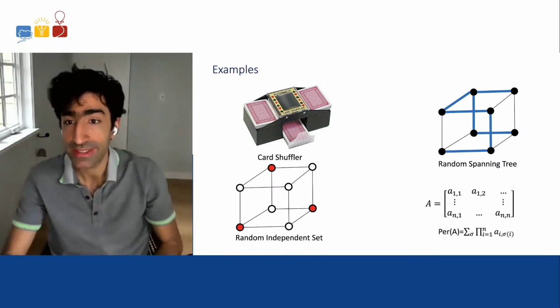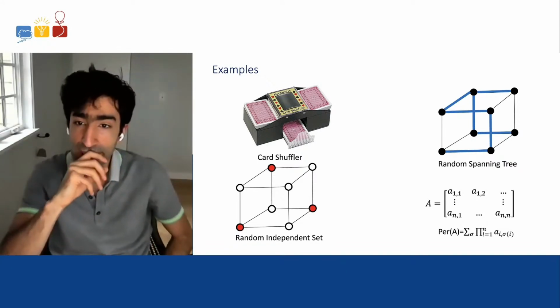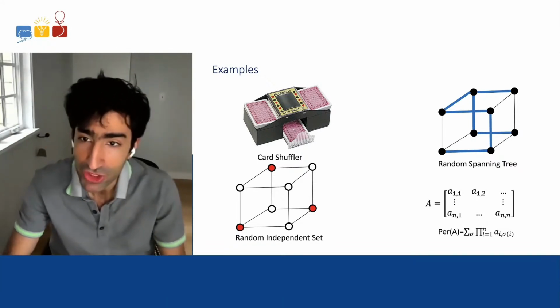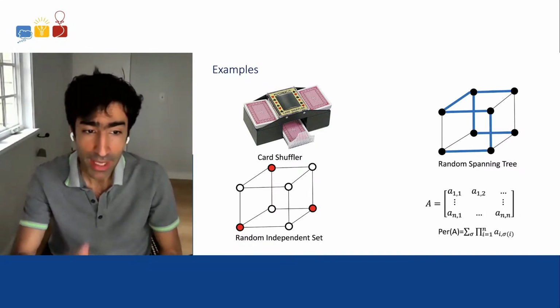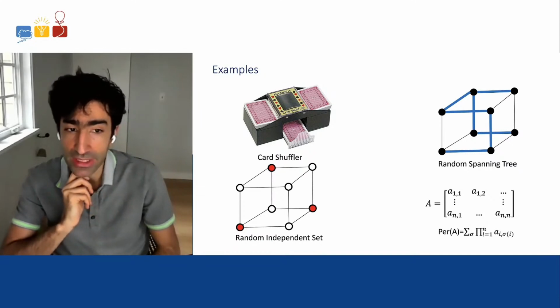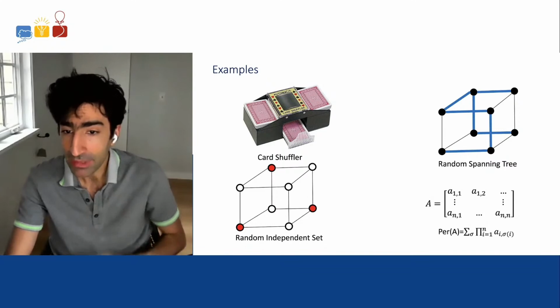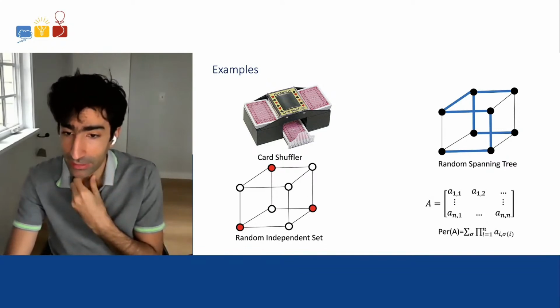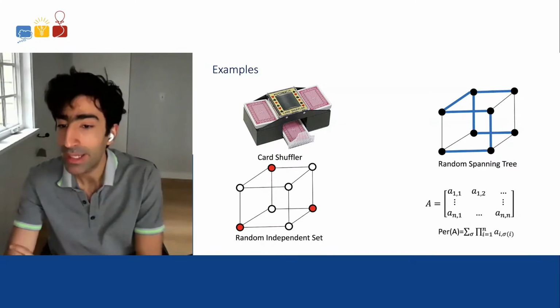It's used a lot in casinos to generate a random deck of cards. In the top right, you see the problem of generating a uniformly random spanning tree of a given graph. In the bottom left, the problem of generating a uniformly random independent set of a graph. And in the bottom right, the problem of estimating the permanent of a given n by n matrix.